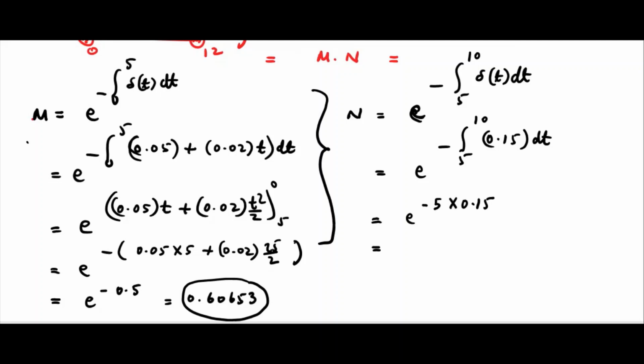Because we are finding the discounted value, it will be e power minus n delta. If you put 5 to 10, 10 minus 5, that is 5.